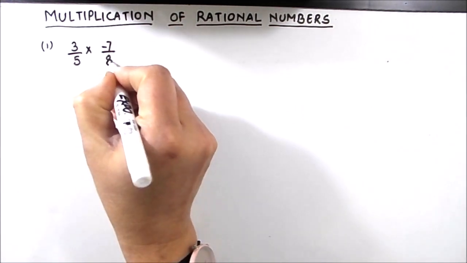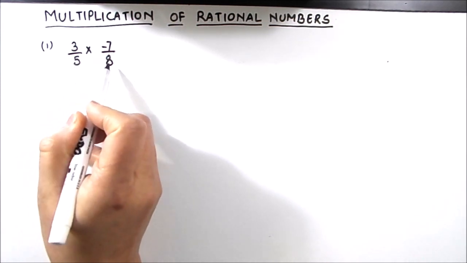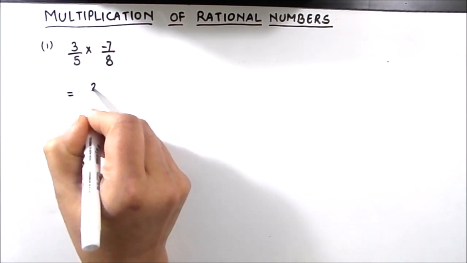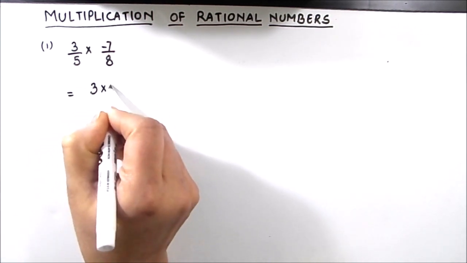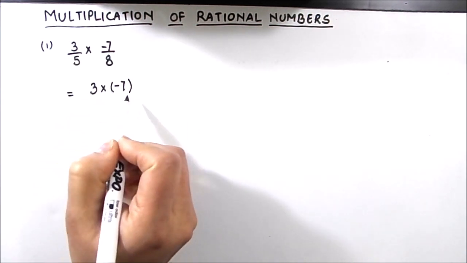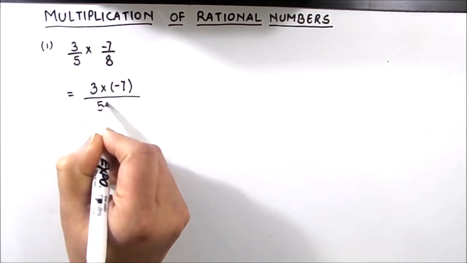So the first example is we have two rational numbers 3 by 5 and negative 7 by 8. When multiplying two rational numbers, we'll do the multiplication of numerators together. So these two numerators 3 and negative 7 will come together with a multiplication sign in between, and the denominators will come together.